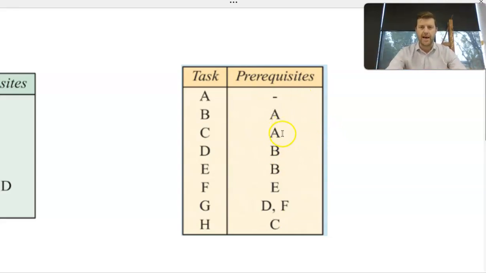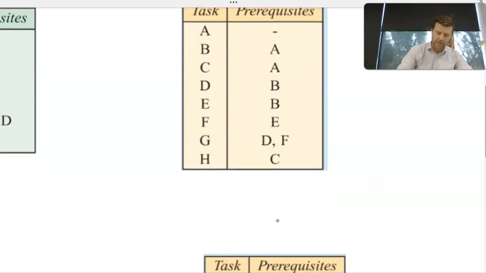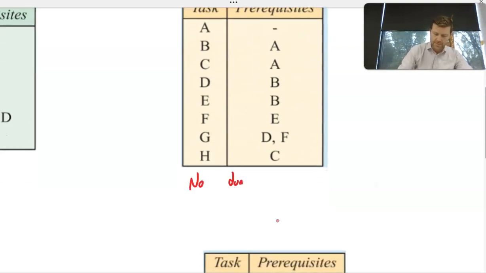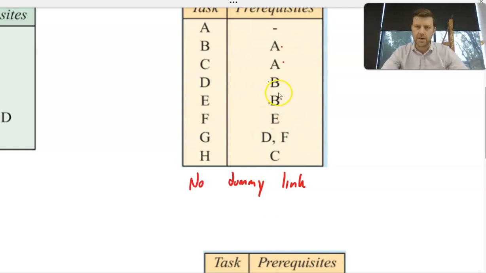So A, B, B, E, D, F, C. There is no dummy link in this precedence network, because although A appears twice and B appears twice, they don't appear multiple times with another task as a prerequisite. If it was B, C here and B here, then there would be a dummy link, okay? But there wasn't.